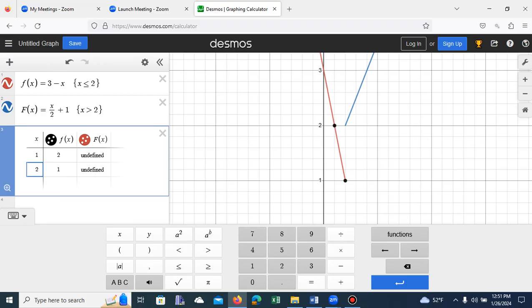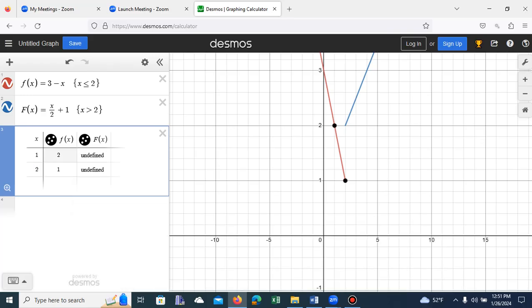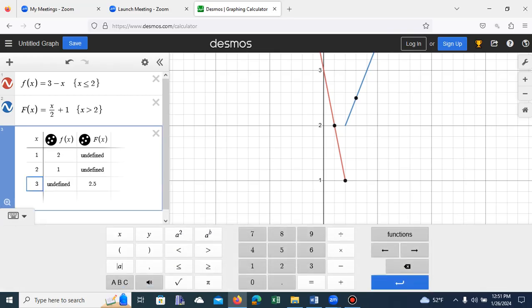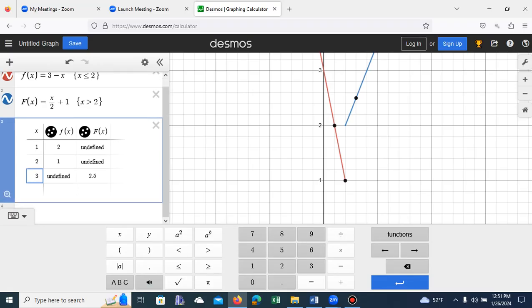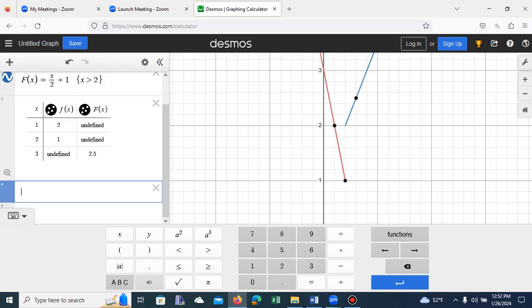Don't worry about these colors. These are the points, and I want them both. So 2 falls on the red graph, so it's in the first column. 3 will fall on the blue graph. We have the point that's included.